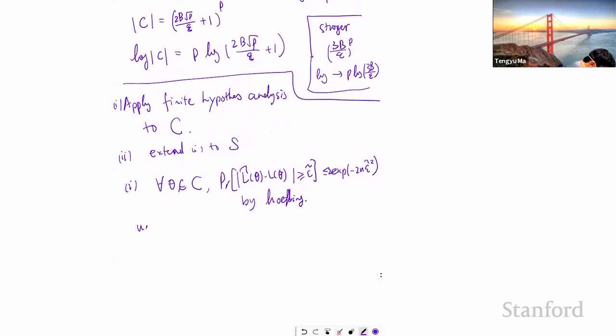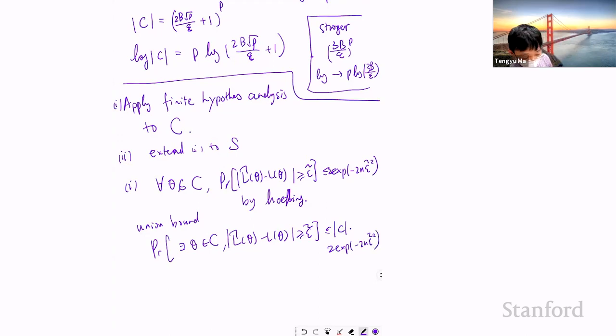And then you take a union bound. You get that the probability that there exists theta in C such that this is not right is small. And how small it is, you multiply C with this exponential of minus 2n epsilon tilde squared.